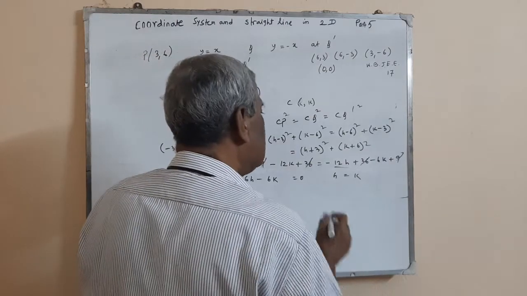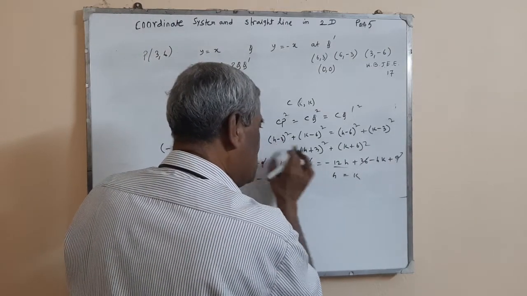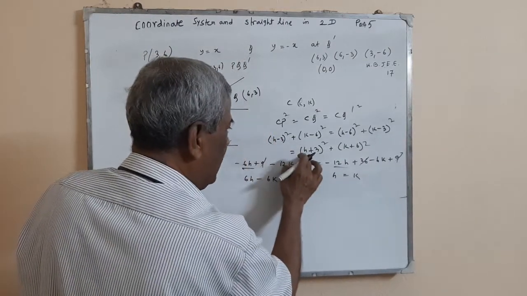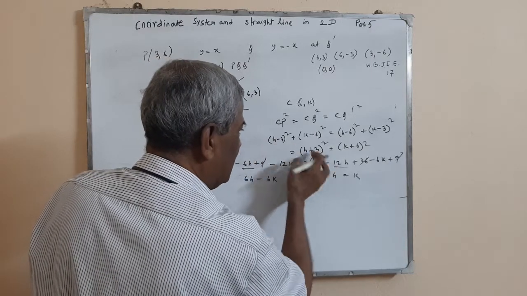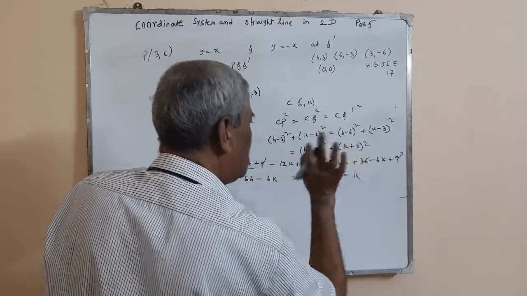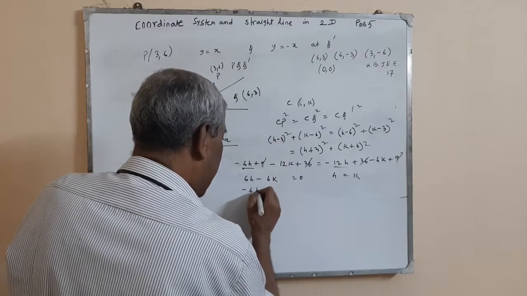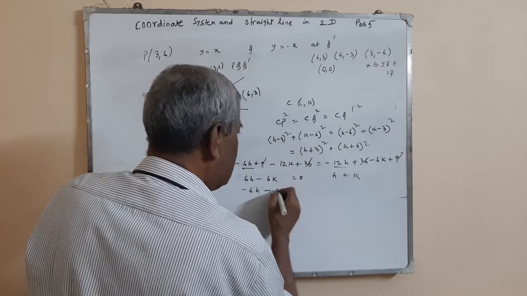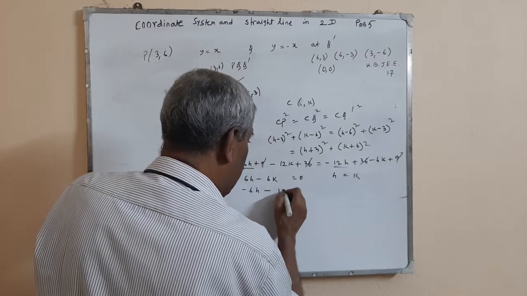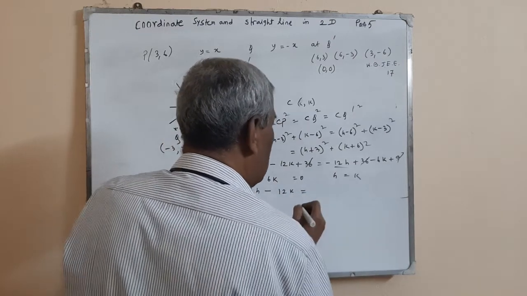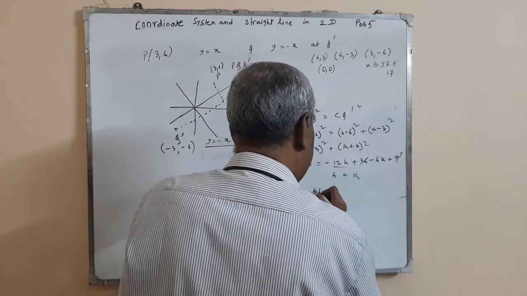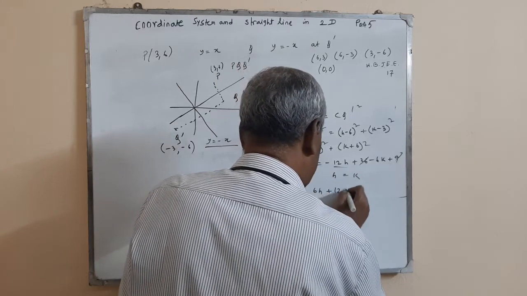Now, similarly, simplifying this with that, h square will be cancelled, 9 will be cancelled, k square and 36 will be cancelled. So we get minus 6h minus 12k is equal to 6h plus 12k.